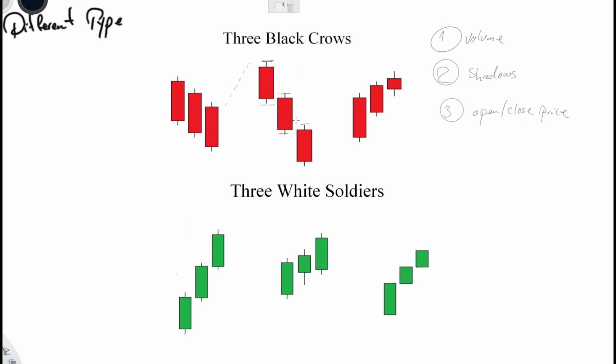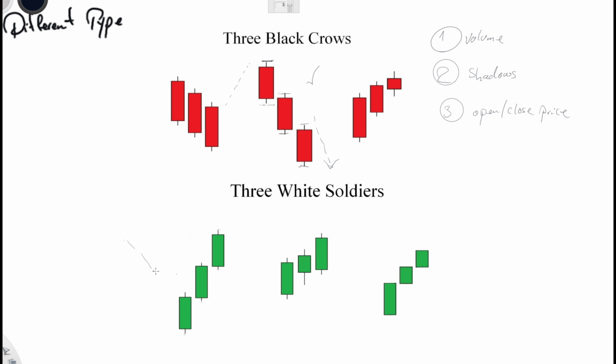The third one, just like the previous ones, opens above the close of the previous candle and closes below the close of the previous candle. So this is the most common black crows pattern.